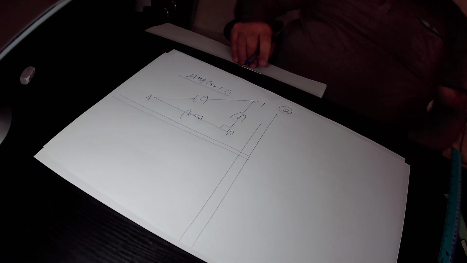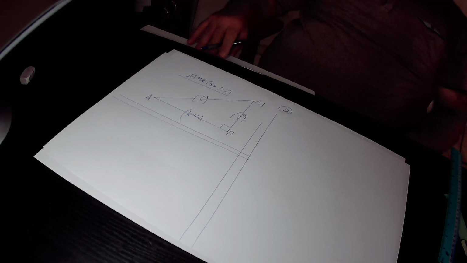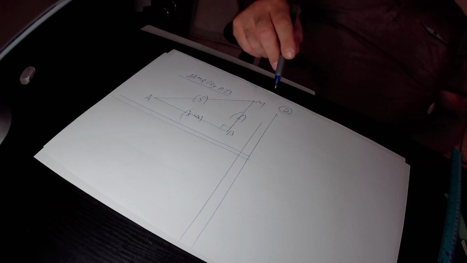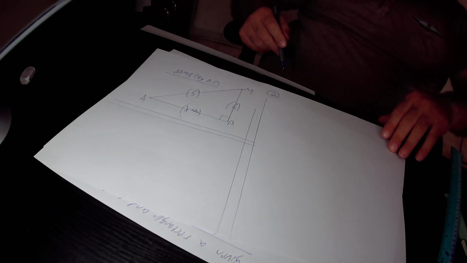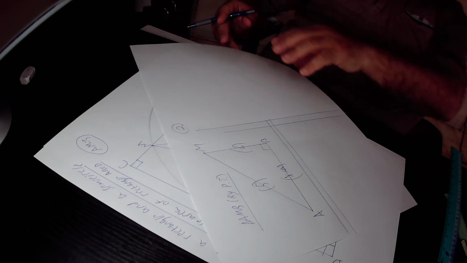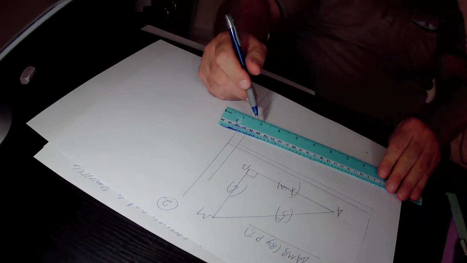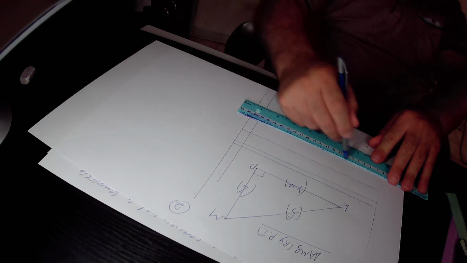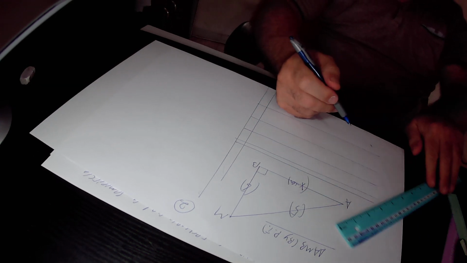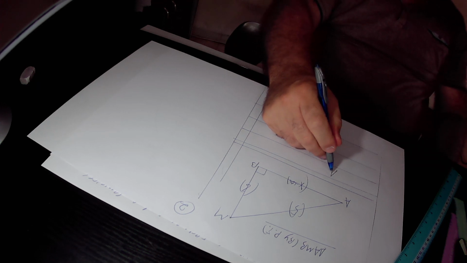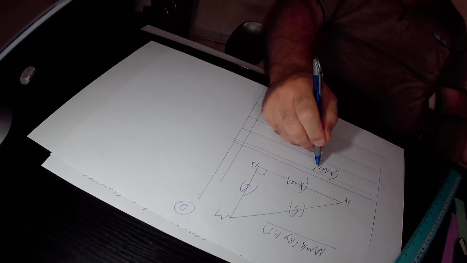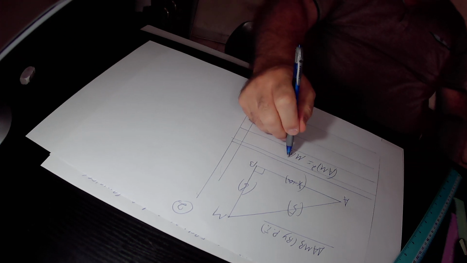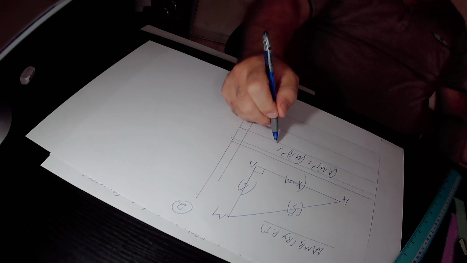In this right triangle A and B, according to the Pythagoras theorem, AM squared, that is the square of the hypotenuse, equals MB squared plus BA squared. So I'll write it down. AM squared is equal to MB squared plus AB squared.